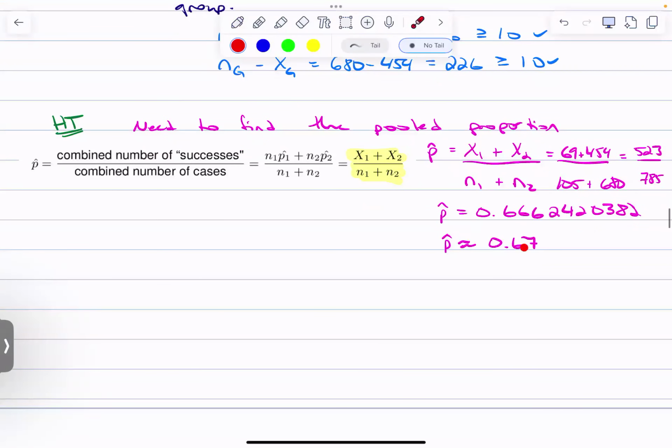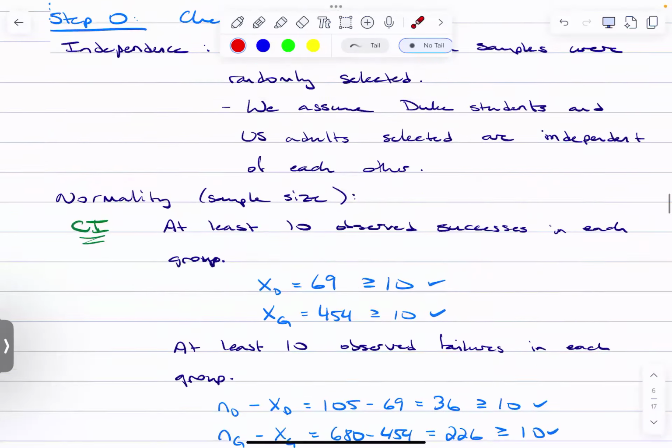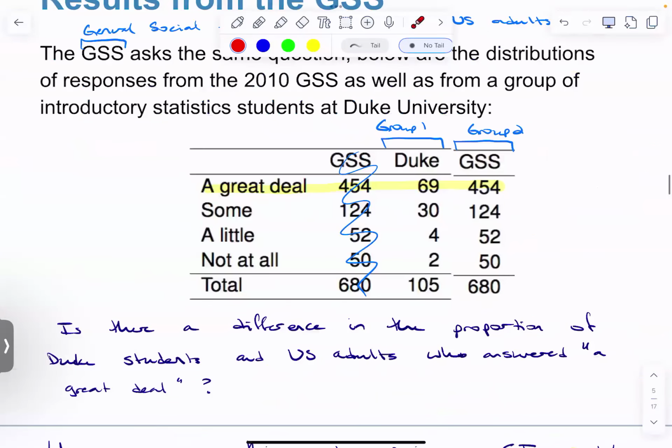This is what we use, right? Because this is the proportion that we would expect if they were all the same. What's a way that we can check this? That should be between p1 hat and p2 hat, since we've smushed them together.